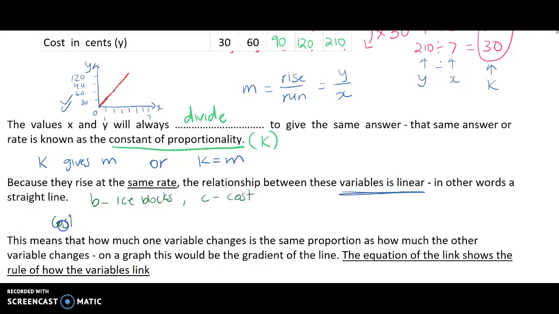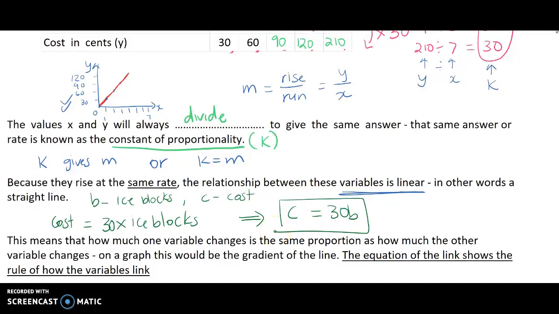We found our cost by multiplying the number of ice blocks by 30, which gives us C is equal to 30B.